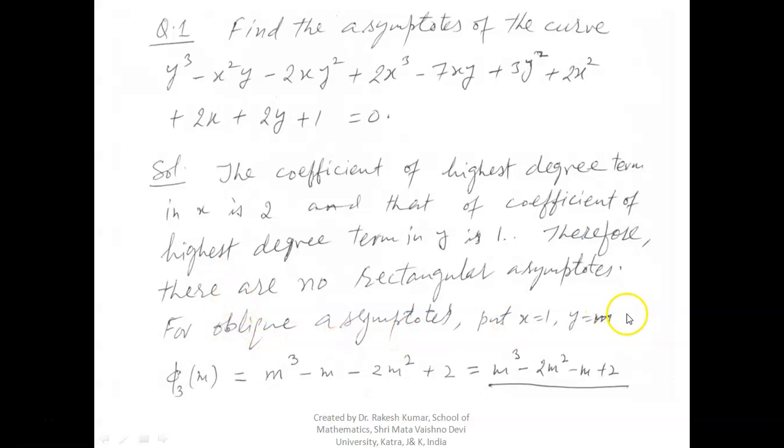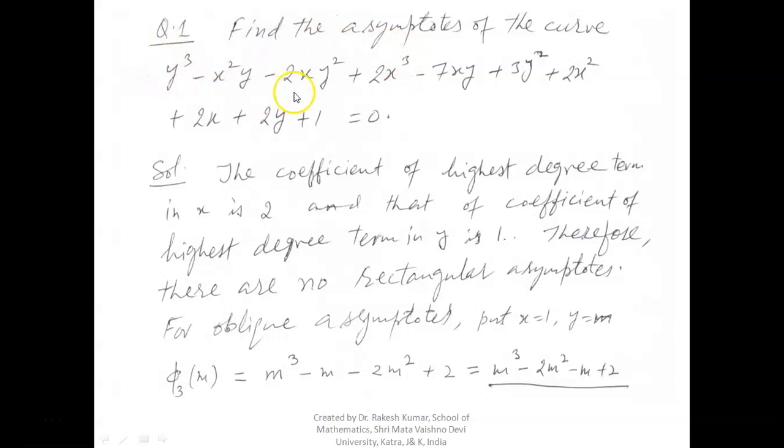For oblique asymptotes, put x equal to 1 and y equal to m. We get phi 3(m) from the highest degree terms. The third degree terms are y cube minus x square y minus 2xy square plus 2x cube.